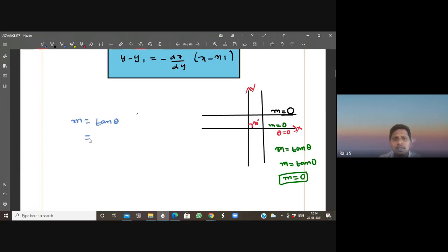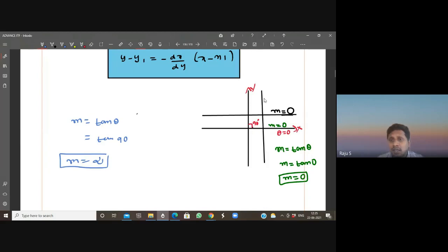So tan theta, here the angle between x and y-axis is 90. So m is equal to infinity. So is the tangent slope defined for y-axis? What is the slope amount? Infinity. Is it defined? Undefined. So the slope of y-axis is undefined.